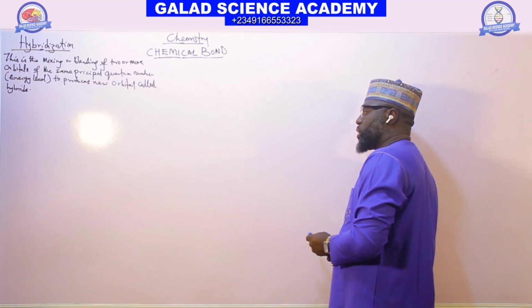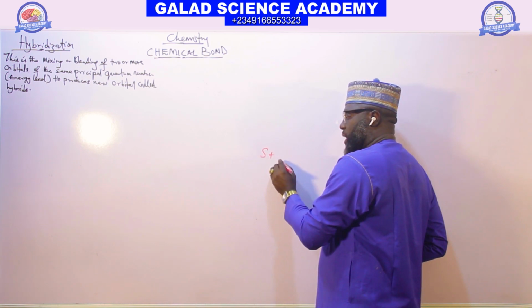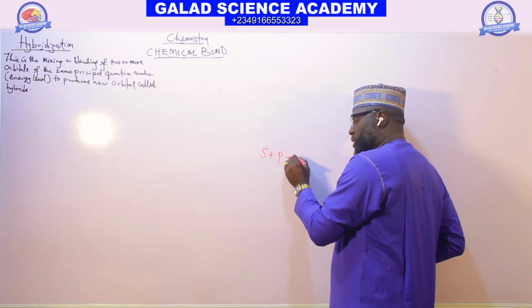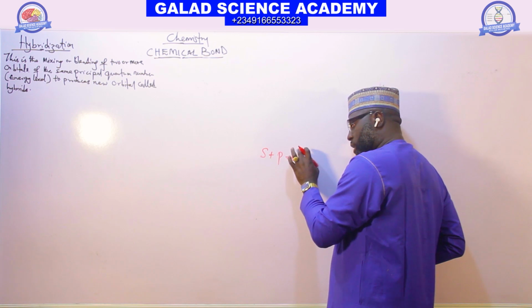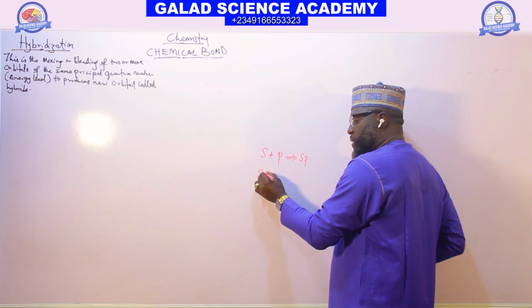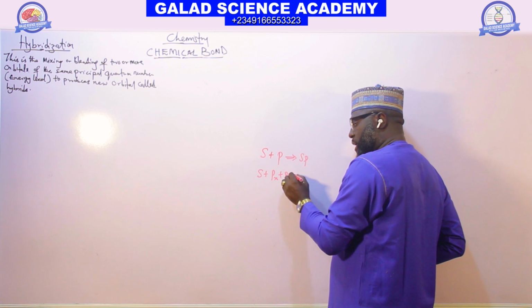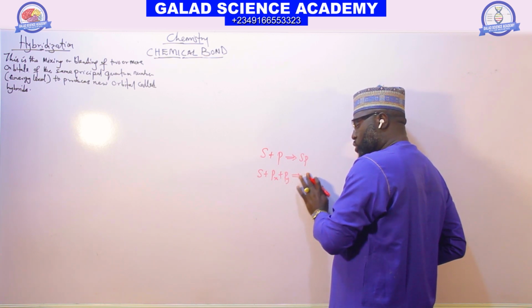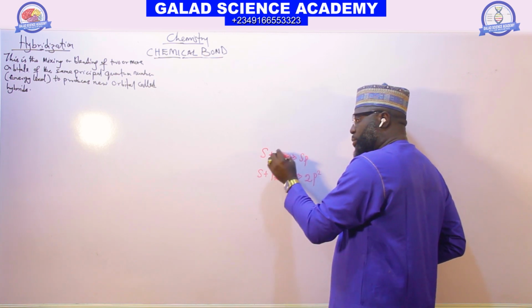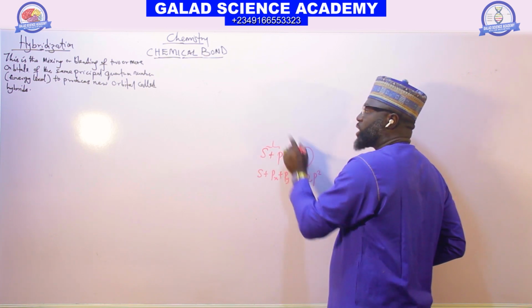Take for instance, assume we have one s orbital blended with one p orbital to give us sp orbital, or s orbital with px and py to give us sp2. So the process of blending or mixing these orbitals together to give me this is called hybridization.